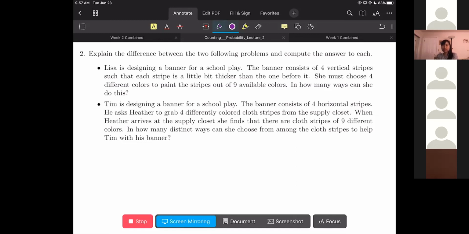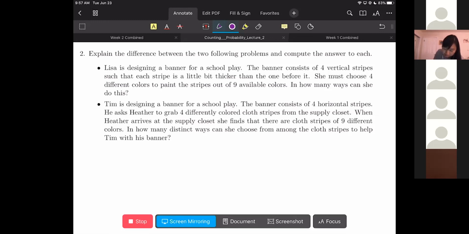Well, I think the first question is the permutation question, 4 colors out of the 9 available. So it would be 9 factorial over 4 factorial, which is 9 times 8 times 7 times 6.